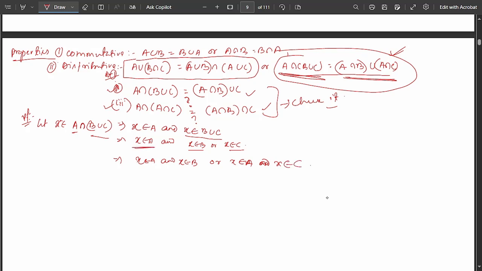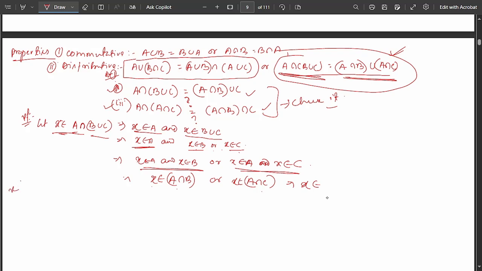X belongs to A is obvious from this. And X belongs to B or X belongs to C. So I am taking these two or these two. In the first two terms, X belongs to A and X belongs to B. That implies X belongs to A intersection B. Or, from the last two terms, X belongs to A intersection C. So X belongs to this or X belongs to this.